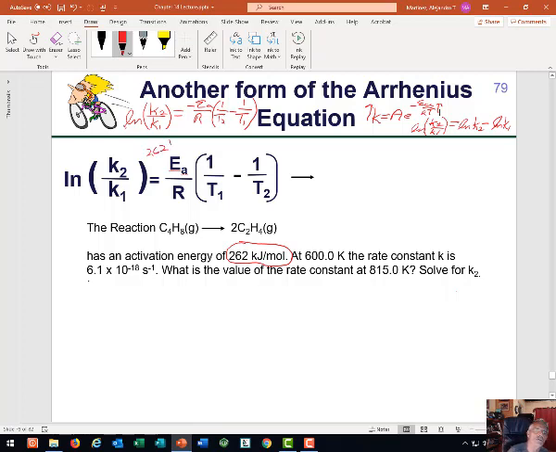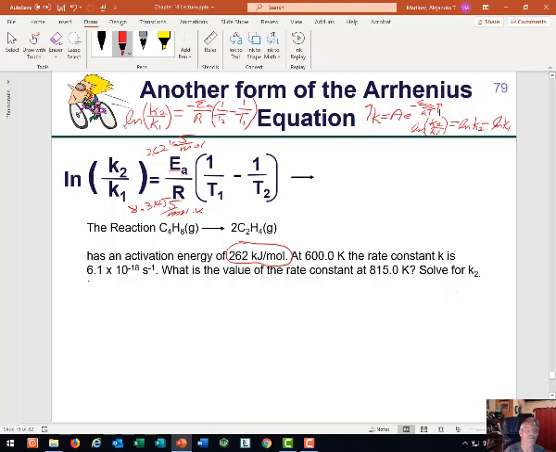Now, you're going to have to use the version of the gas constant which is 8.3145 joules per mole Kelvin.